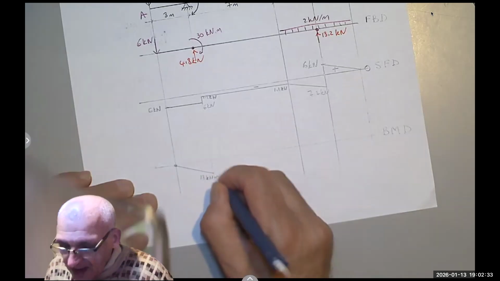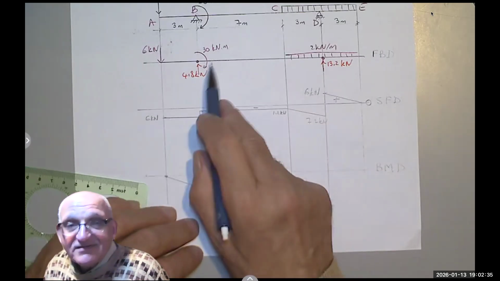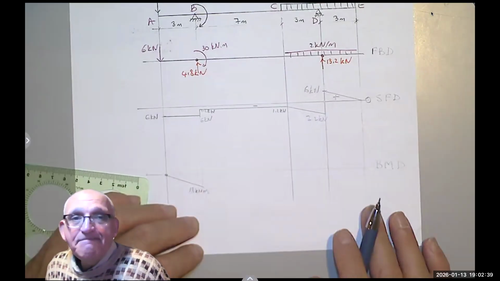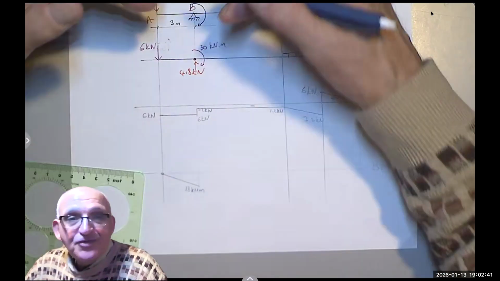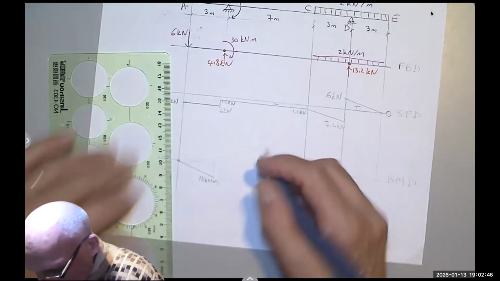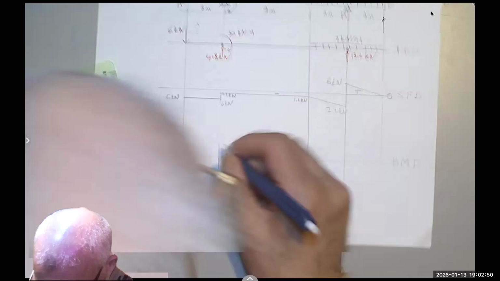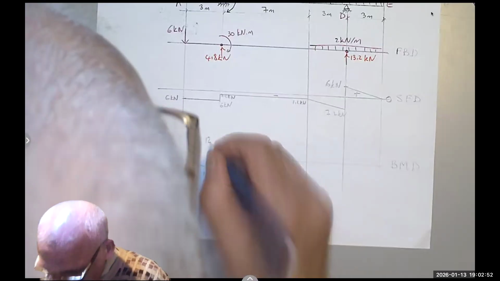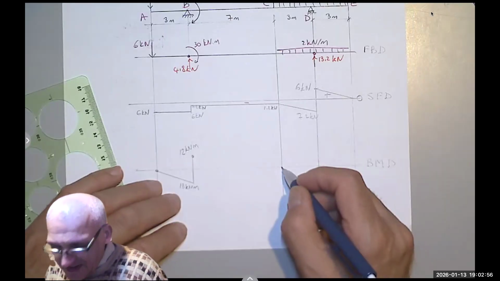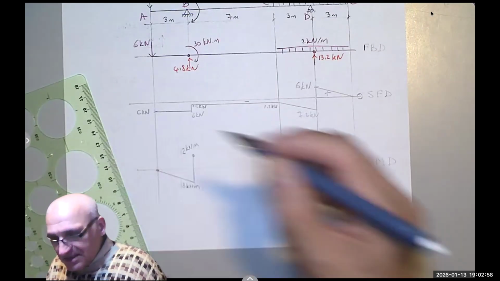kilonewton meter. Careful. There is a moment, and the moment is clockwise, meaning it's going to increase. This is negative 18. When you add 30 to it, you get to positive 12. And the moment here is 12 kilonewton meter. Until it reaches this point, it will decrease linearly.